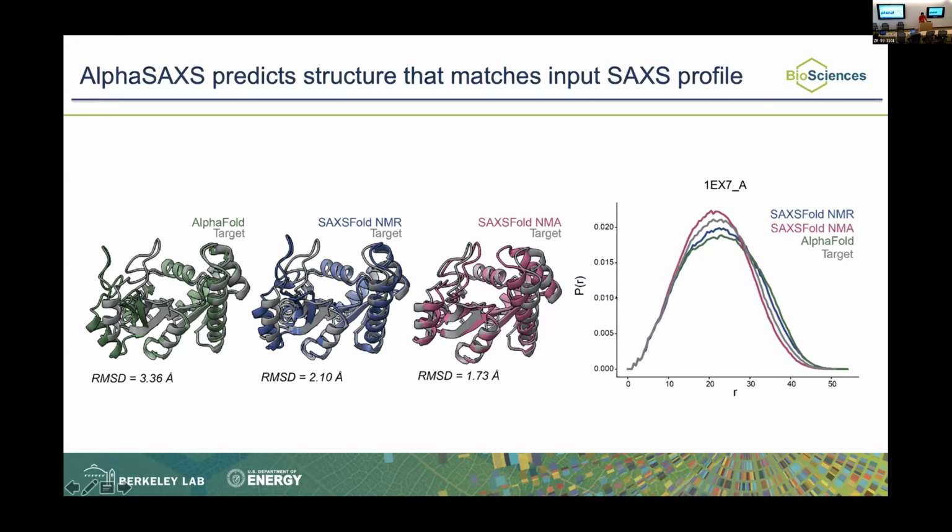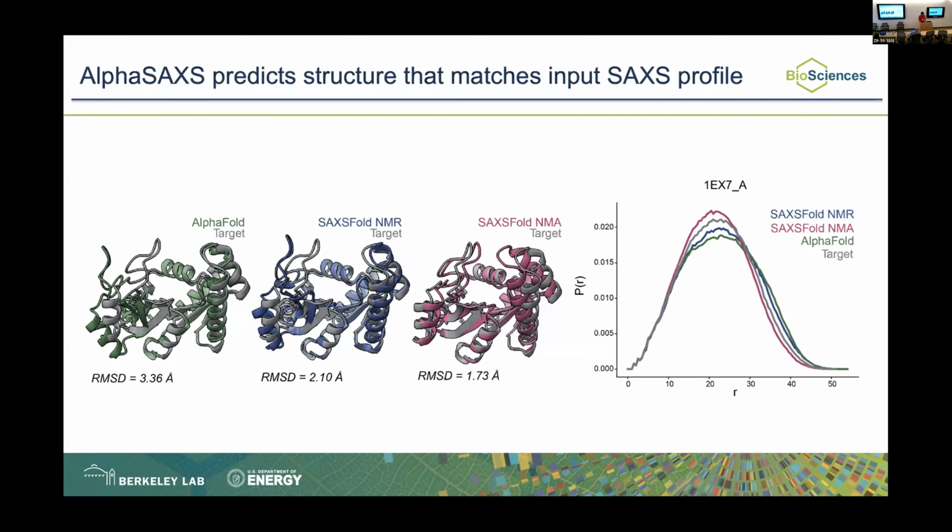On the right side is the SAXS curve that we will see in the experimental data. Sorry, we compare the AlphaFold target and our two trained structures. We see that our trained structure minimizes the difference between the P(r) curve of SAXS and the ground truth. That means our model can understand the SAXS data and try to minimize that.